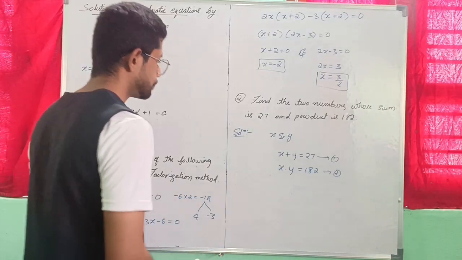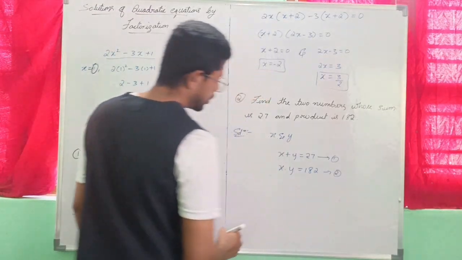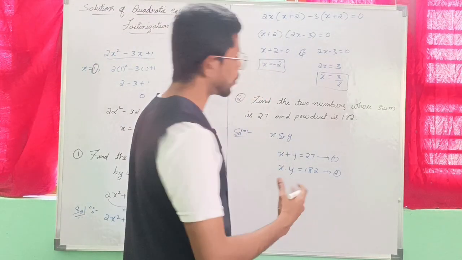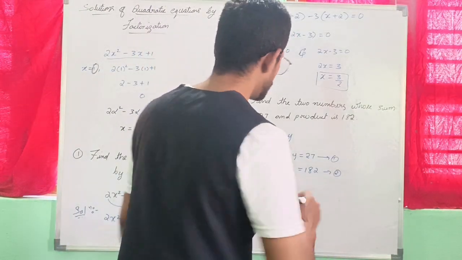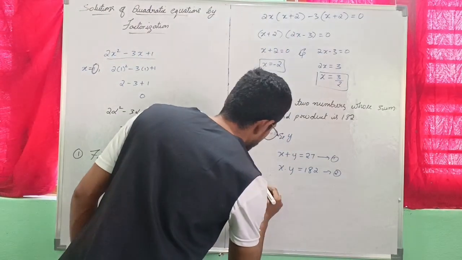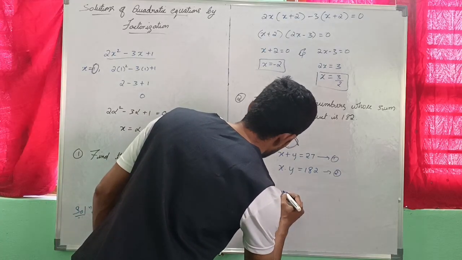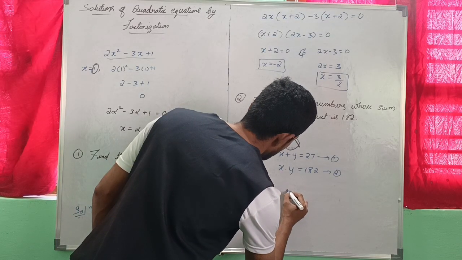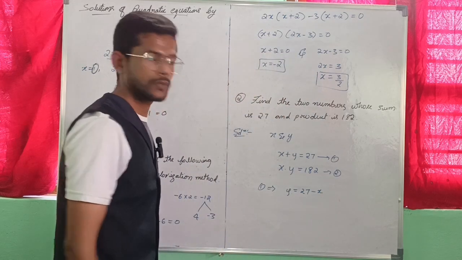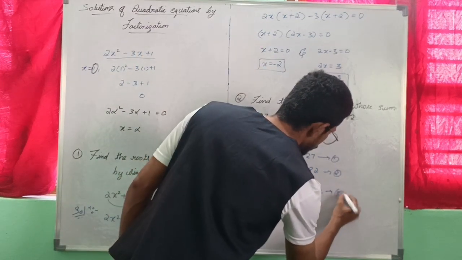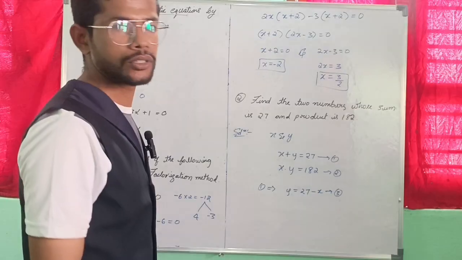Now, to solve the quadratic equation, we need only one variable, right? So for one variable, from equation 1, we take y is equal to 27 minus x. Let's take this as equation 3. You understand?